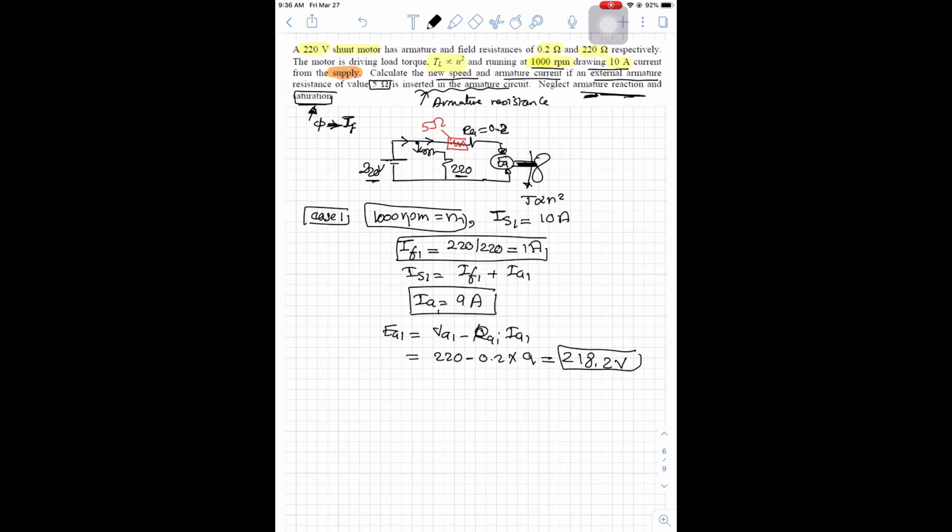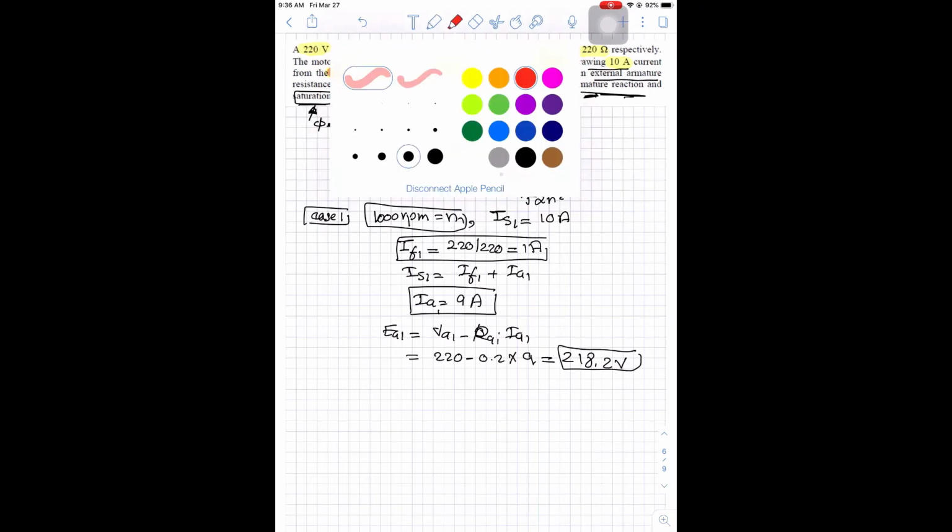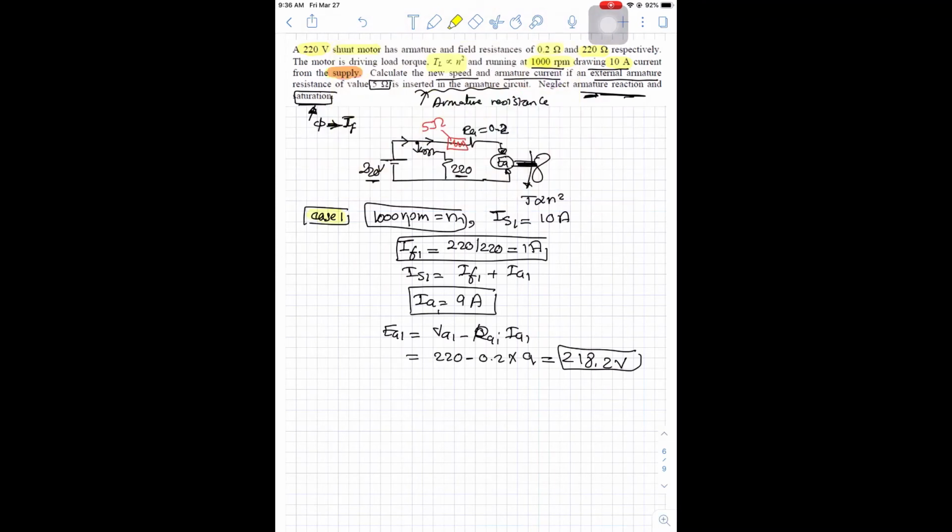So we have the speed N, we have IF, we have IA, we have E. We can calculate T developed by using EA IA equals T developed times omega, but as we mentioned, usually we use the torque ratios, so we don't need to calculate the torque as a value unless it is required in the question.